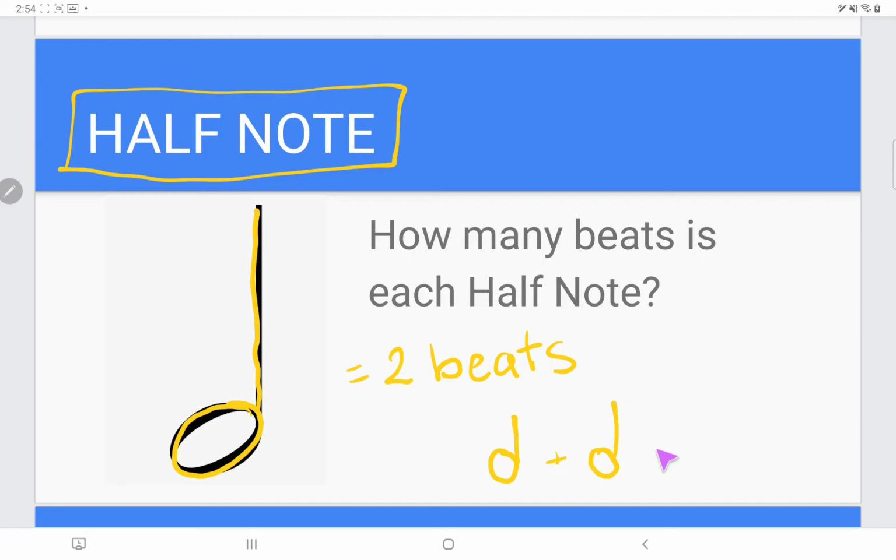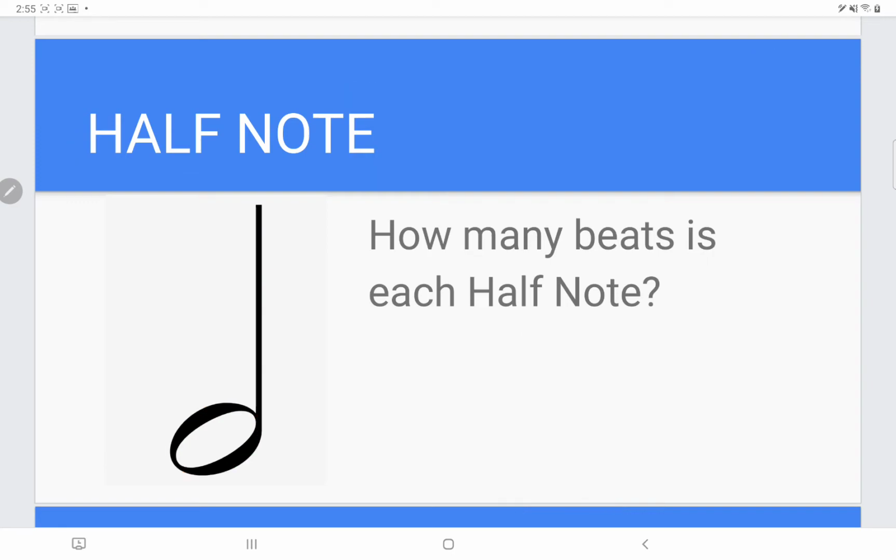I want to put them together. Well, each one of these is worth 2 beats, right? So this would be like adding 2 plus 2. We know that 2 plus 2 is 4. So we would just write 4 beats. And remember, always including that word beats so that we know that we're talking about music. Okay, scholars, let's keep moving.